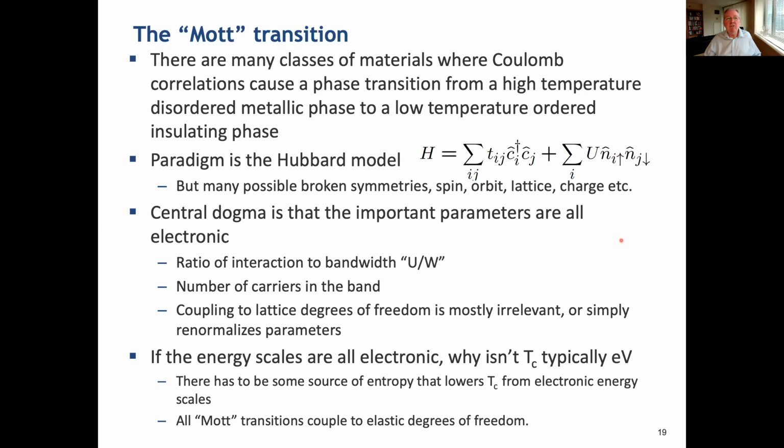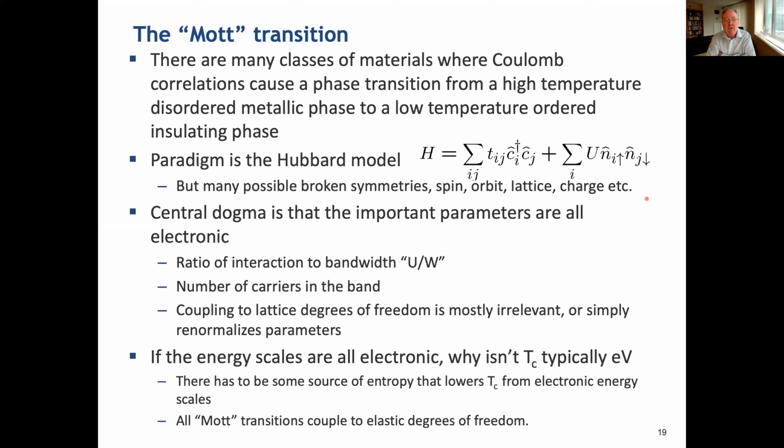That often happens as a function of temperature, and can happen as a function of parameters. And of course, while my paradigm for this is the Hubbard model, there are vast numbers of broken symmetries in all of these materials involving the spin, spin-orbit coupling, the lattice, the charge density, etc.